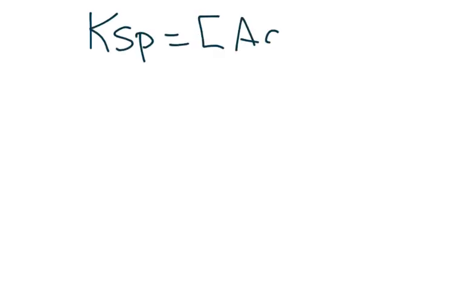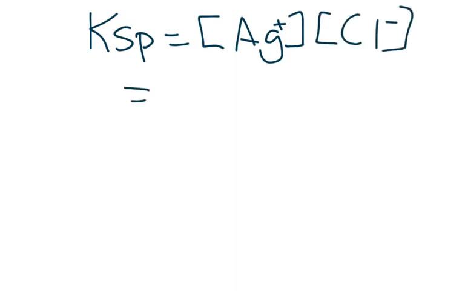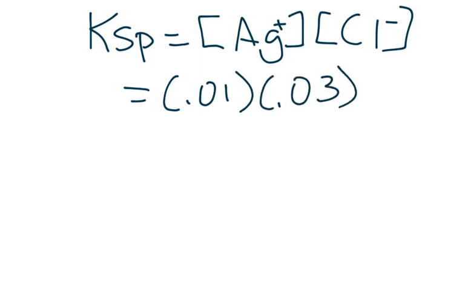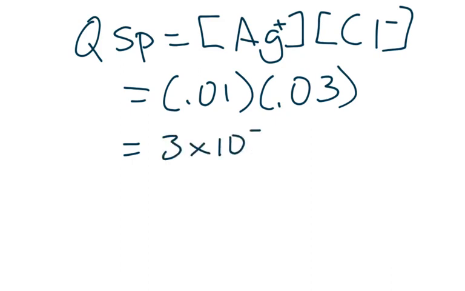We take this information and we put it into the Ksp expression that we wrote earlier. So we just figured out Ag+ is 0.01 molar, Cl- is 0.03 molar, and when you do the math, sorry, we call this Qsp, not Ksp. And when you do the math, you'll find that the answer is 3 times 10 to the negative 4.